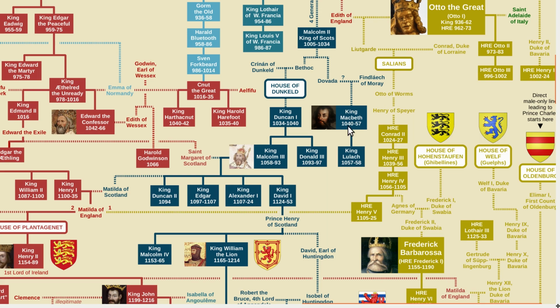Now in the play, Macbeth murders Duncan in his sleep, frames the guards, and becomes king. He and his wife, Lady Macbeth, then descend into madness and commit a bunch more murders. In reality, however, Duncan died in battle while attacking Macbeth's territory, after which Macbeth became king and reigns quite peacefully for 17 years.